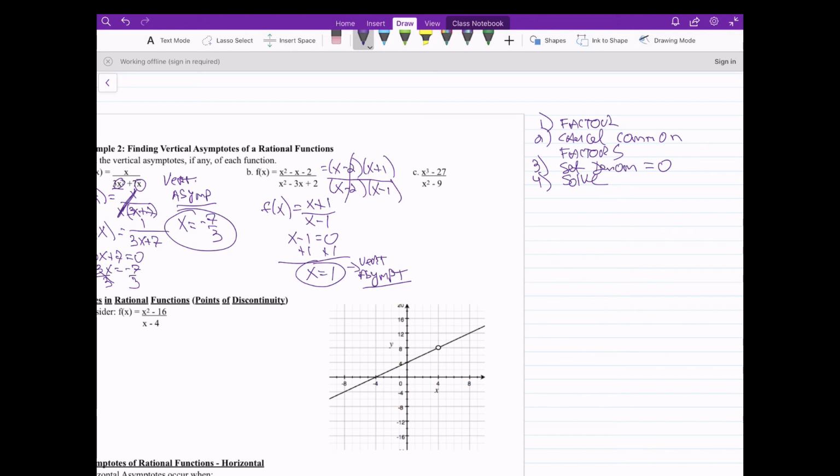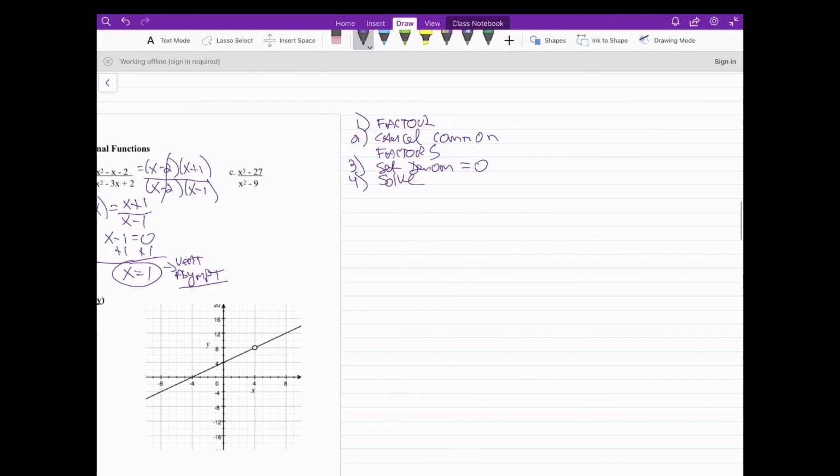Now, this last one, I'm going to keep my steps over here on the right, so we're going to move this over. Again, the first step is we're going to factor. The numerator is a difference of cubes. This one should be f of x equals.